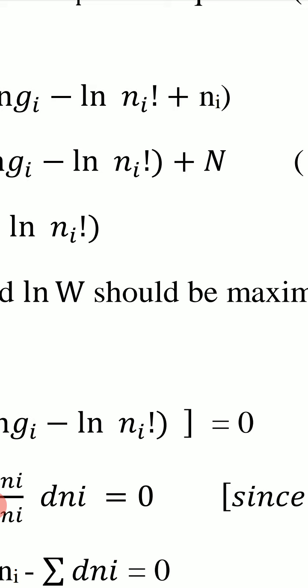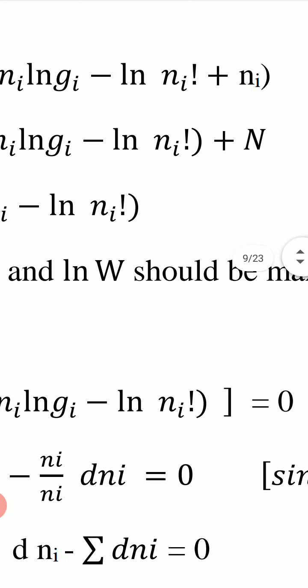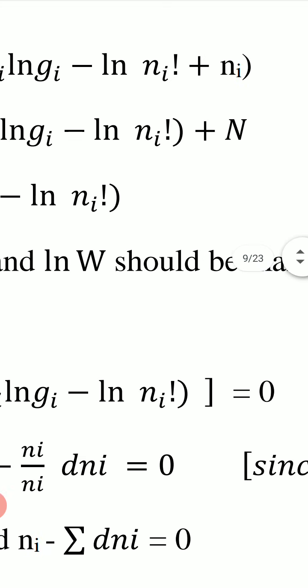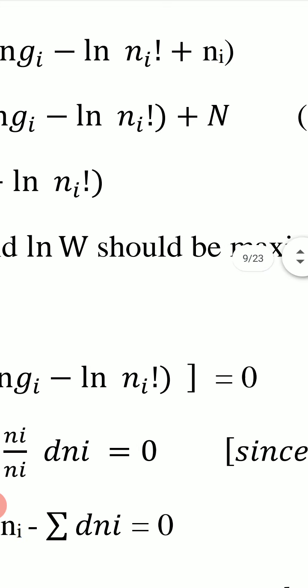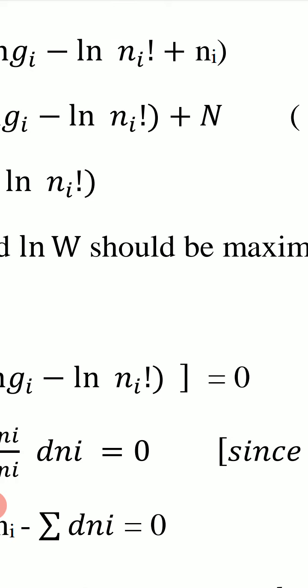Then here we get minus ni log ni and plus ni. In the next equation we also have to correct this, it is not minus log factorial ni, it is minus ni log ni.